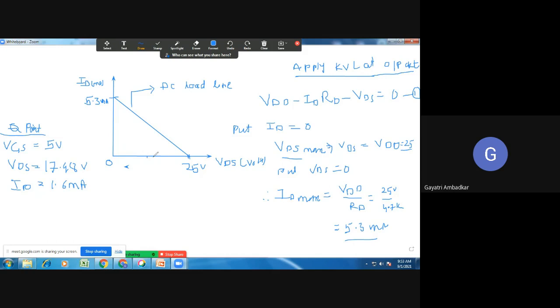So your 17.48 volt will be somewhere here. And your ID is 1.6. If this is 5, then 1.6 will be somewhere here, let's say.